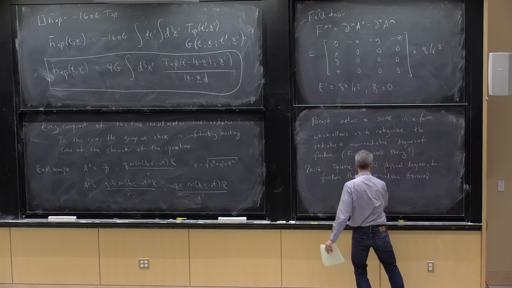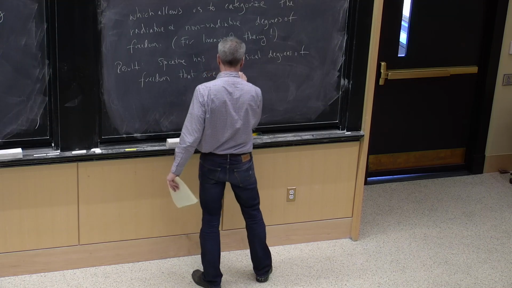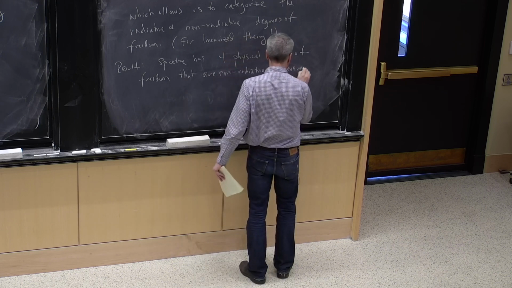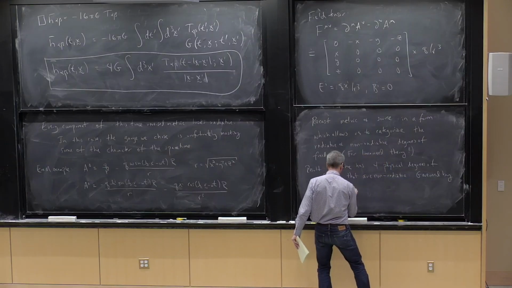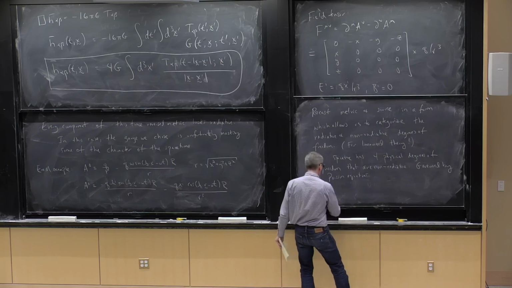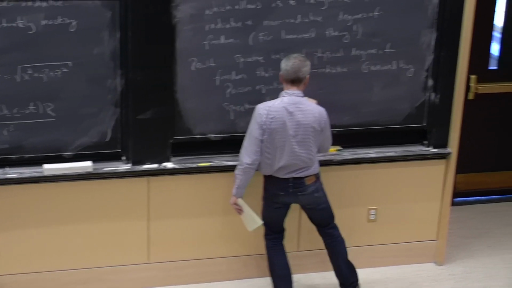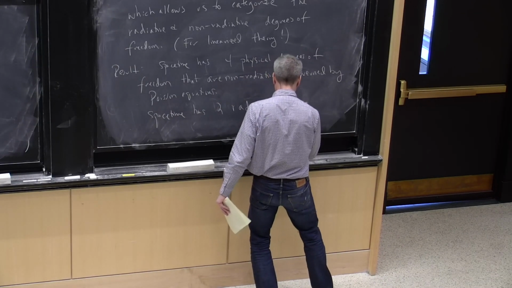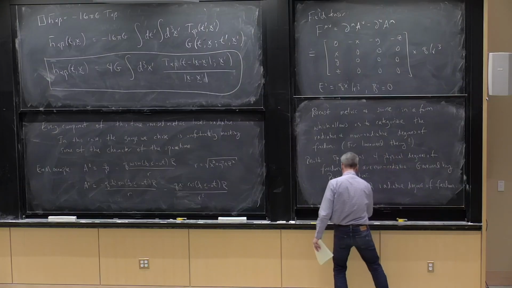Let me rewrite that. This handwriting is terrible. Spacetime has 2 more degrees of freedom that are radiative. These are governed by wave equations.